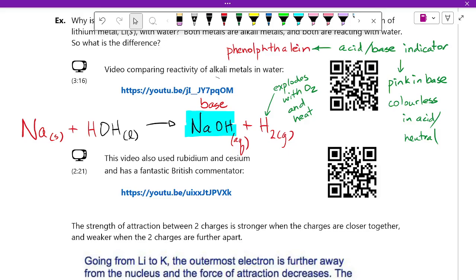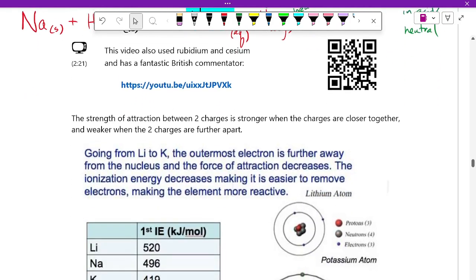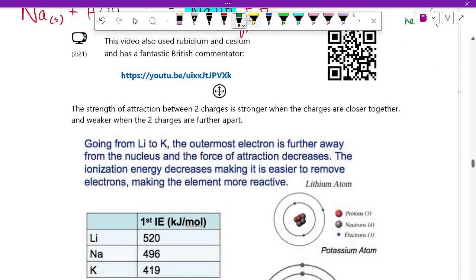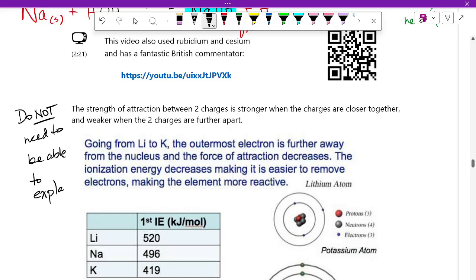Now, you do not need to know this next part. You will not need to explain this. But it tells you what the nature of reactants in this case is.